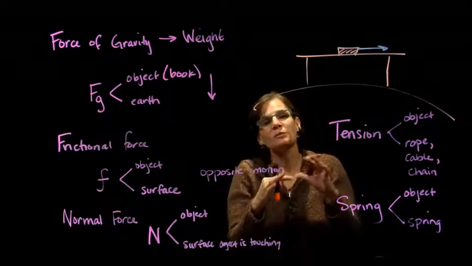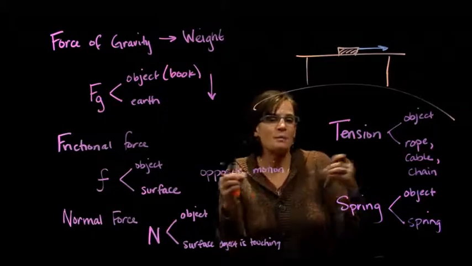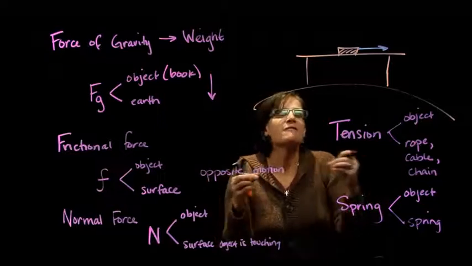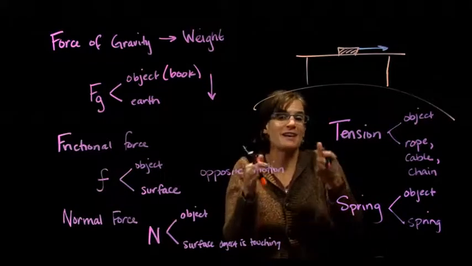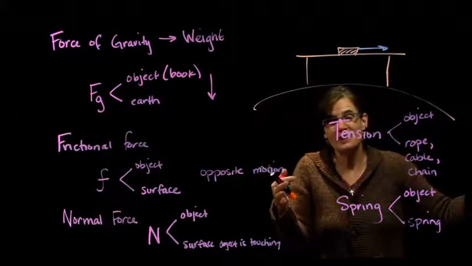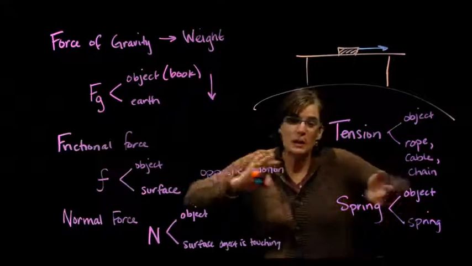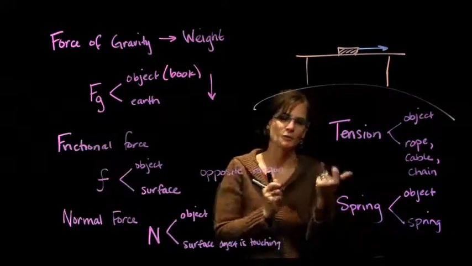And so for a spring force, we pay attention to the direction, and to how we have influenced the spring when it's just at rest. Have we stretched it, and therefore the force will be opposite that stretch? Or have we compressed it, and therefore the force will be opposite that compression.